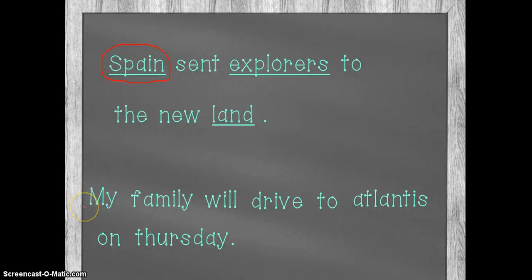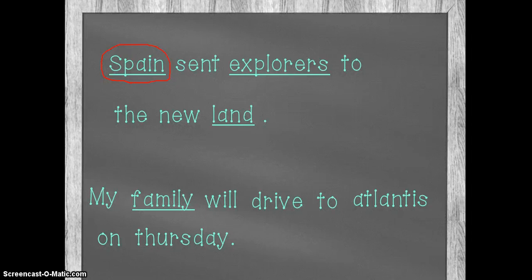Now, look at this sentence. My family will drive to Atlantis on Thursday. First of all, do you see any common nouns? Well, family, people. Any more common nouns?